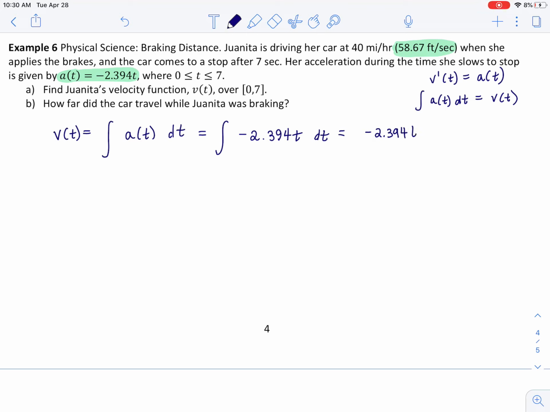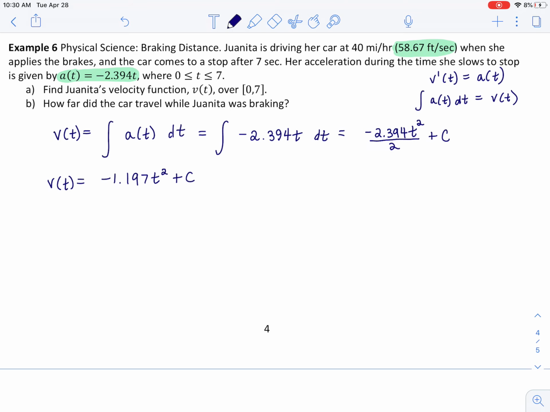So negative 2.394 t to the second power, and we'll divide that by 2. And don't forget to put your plus c. What is half of negative 2.394? That will be negative 1.197 t squared plus c for right now.